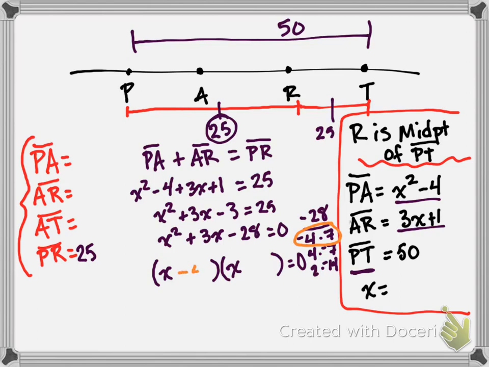So we can put those in here, x minus 4, x plus 7. We solve these for x. So x minus 4 equals 0. X plus 7 equals 0, x equals 4, and it also equals negative 7. So we need to fill that in over here. That's 4 and negative 7.